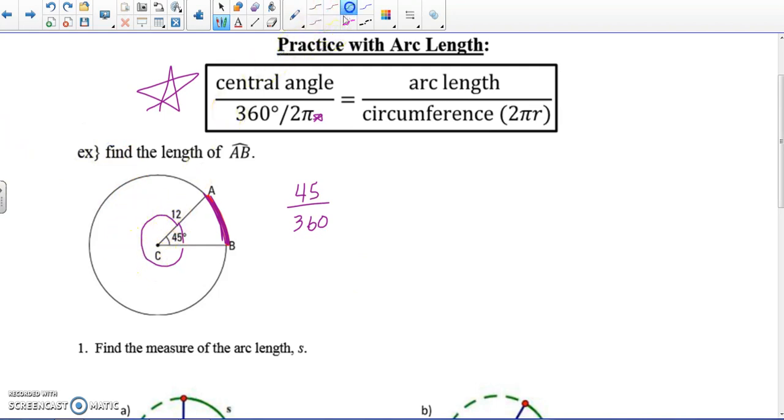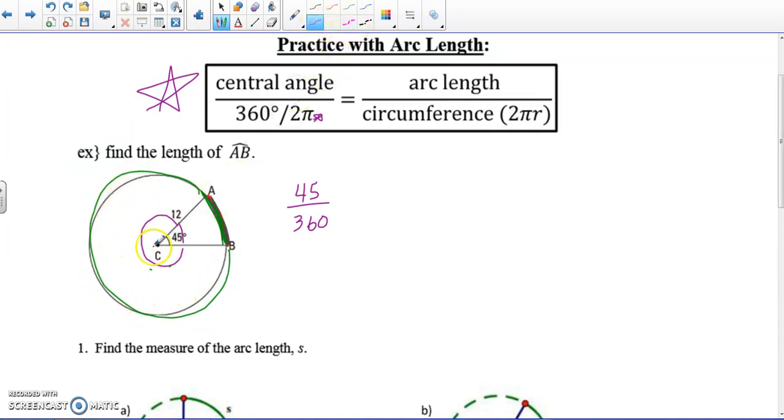And watch how this matches up. It's kind of neat. As the part of our arc right here is to the entire circumference. You can see how the angle is to 360. This little part is to the full circle here, as the arc length is to the entire circle.